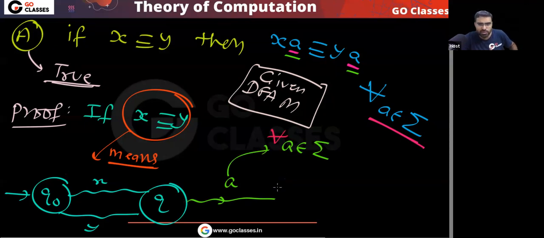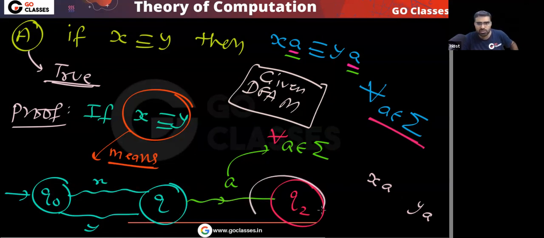Whatever alphabet symbol you take, then you will go to some other state. Now you tell me, can I say on xa, on ya, from the initial state, you are going to same state?